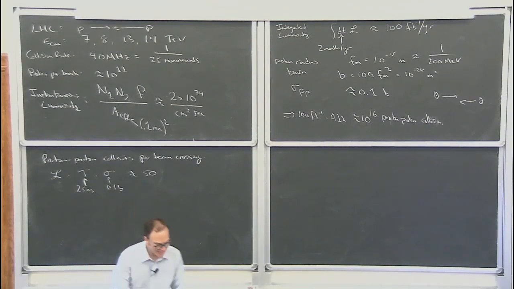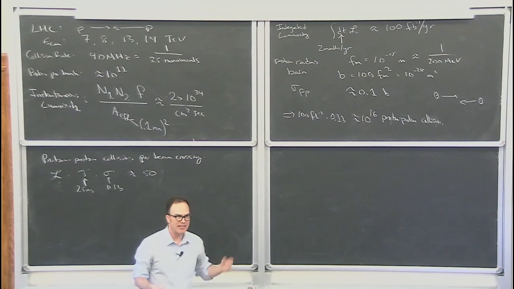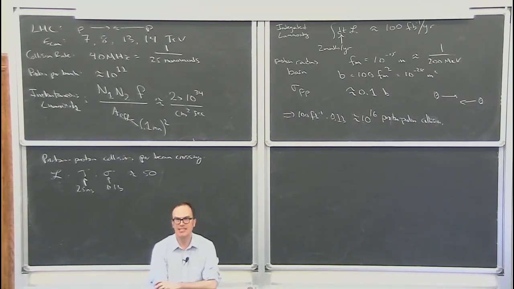So each time these beams cross, in current LHC conditions, you get something like 50 proton-proton collisions happening simultaneously.